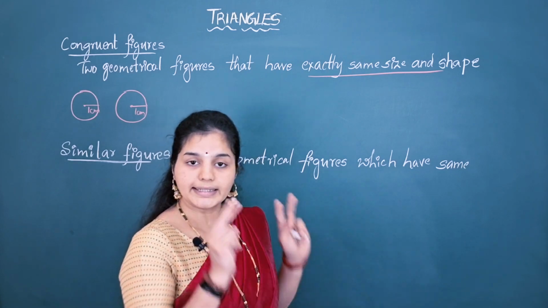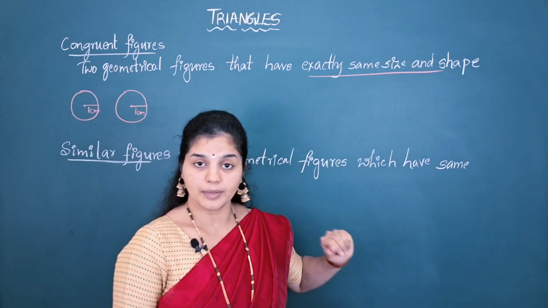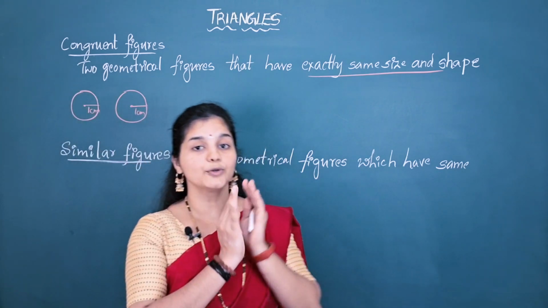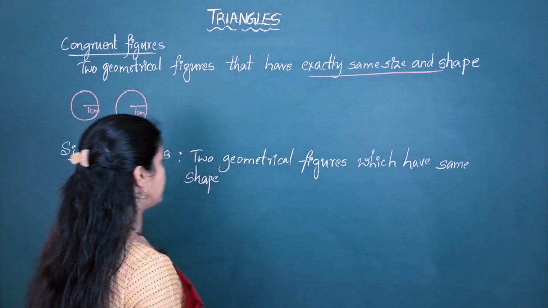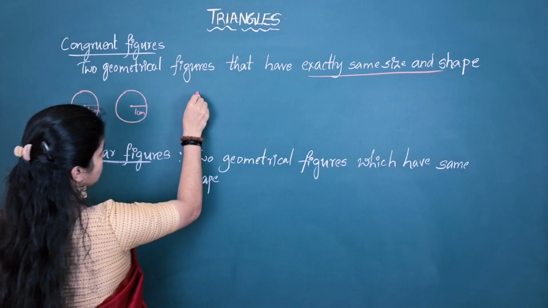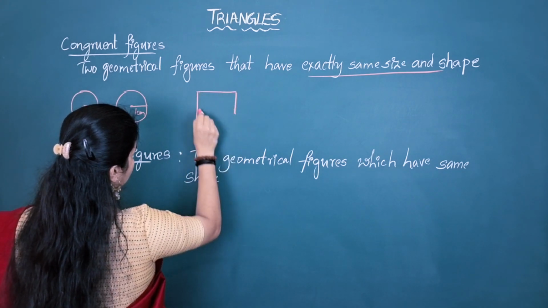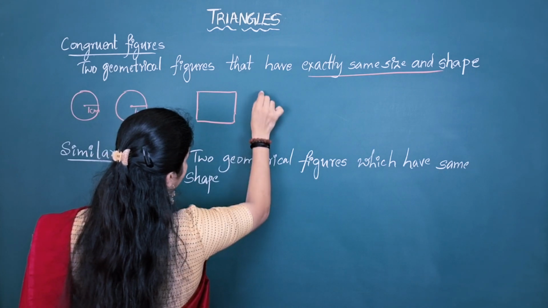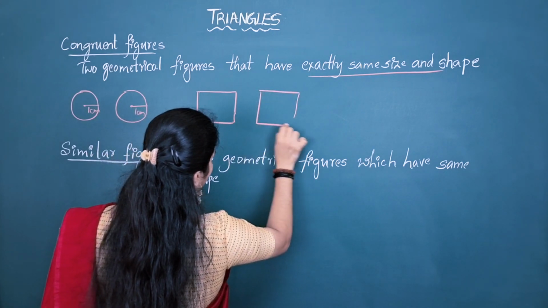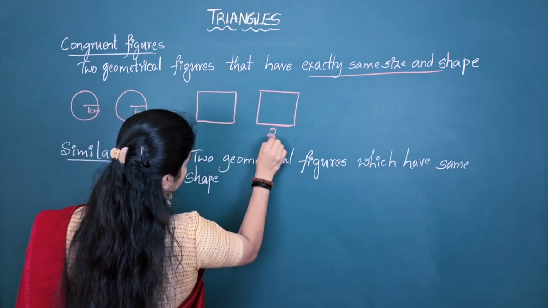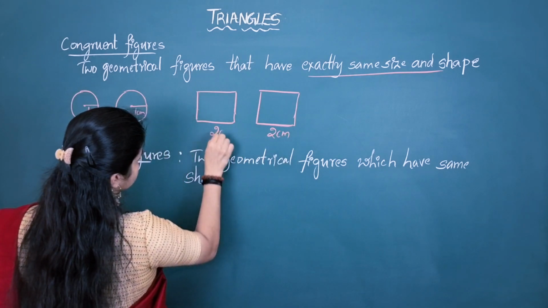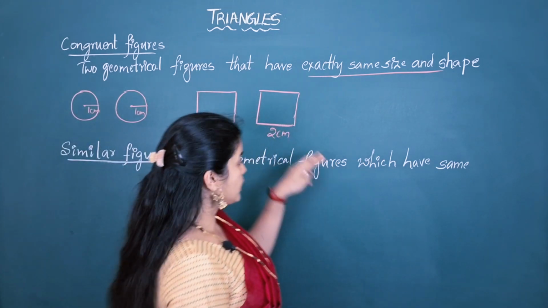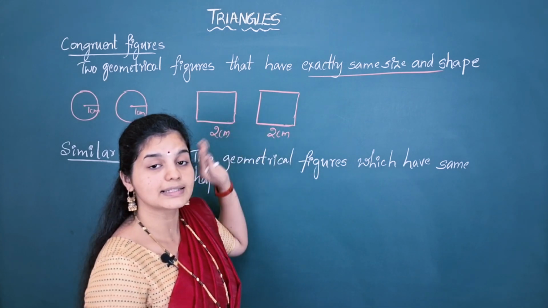Eradu circles andre they are same shape. Now coming to the size, you see radius is 1 centimeter. Eradu circle na radius 1 centimeter. Now consider a square. Okay, consider this as a square with the side 2 centimeter. Okay, side 2 centimeter iruvantaha square, exactly same shape and same size.